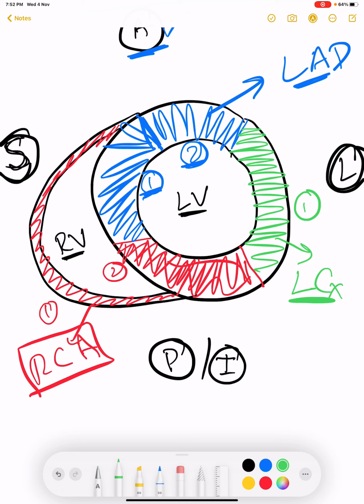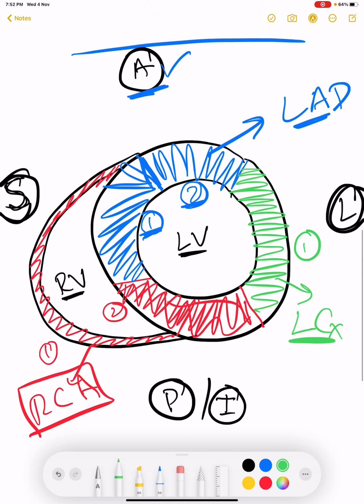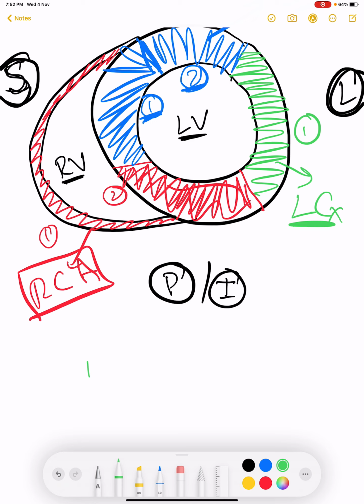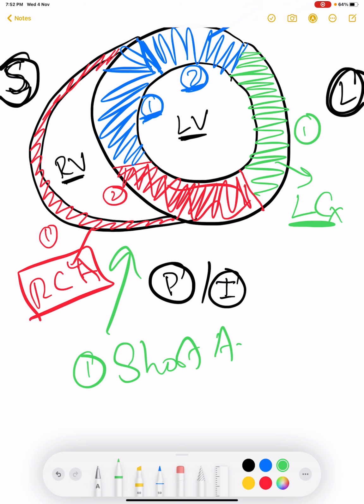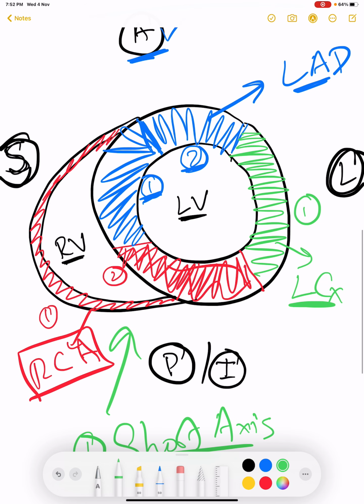So why did I show you this picture? Just to give you an idea about the same blood supply in a different view. Plus, during echocardiography, we have different views, and the view which I showed you is the short axis view. In the short axis view, we see the contractility of the heart overall.